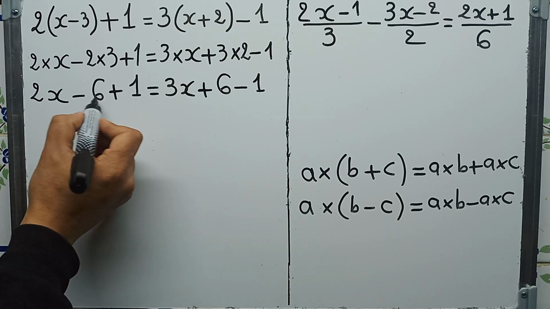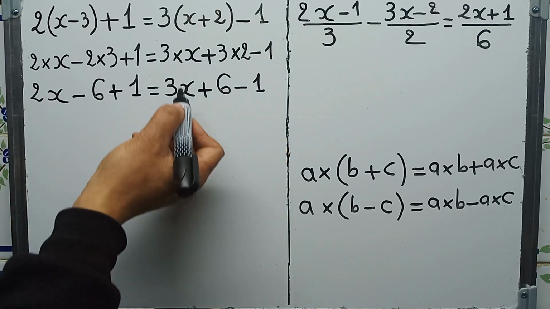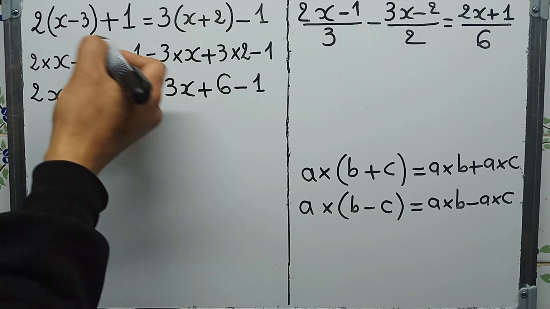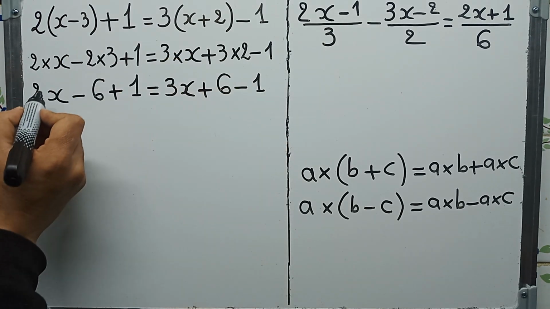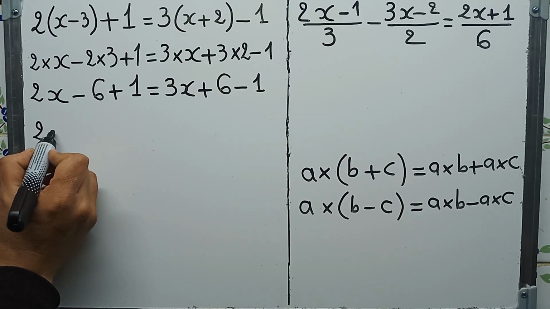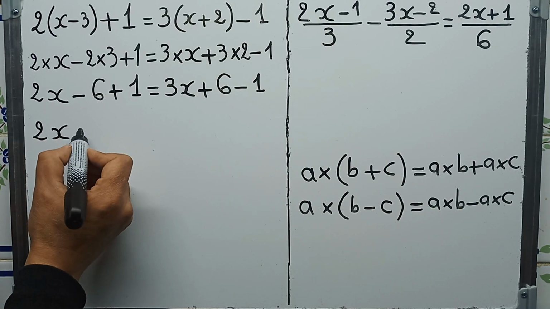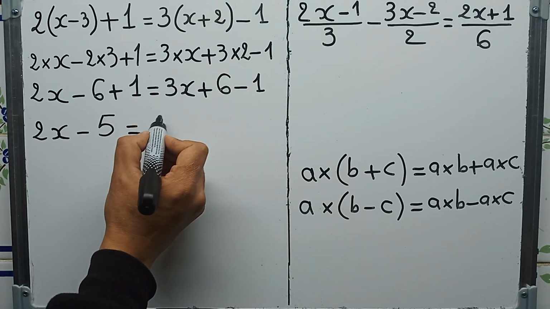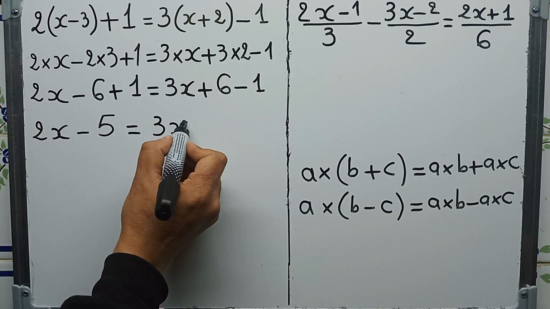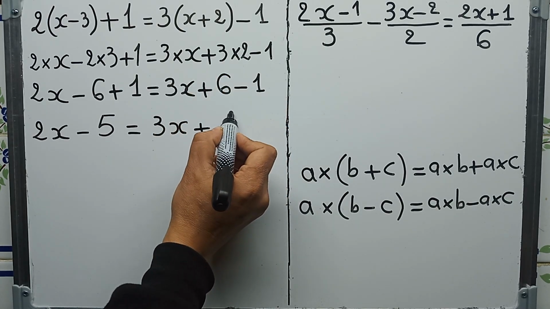Here we do those operations, and later we will transfer our variables to the left hand side and the numbers to the right hand side. Here we have 2x minus 6 plus 1, it's minus 5, equals 3x, and 6 minus 1 is plus 5.